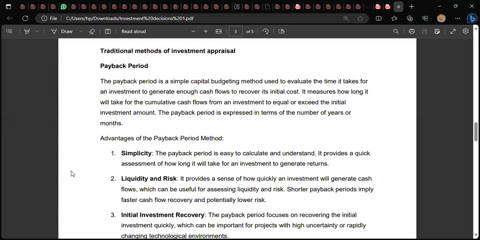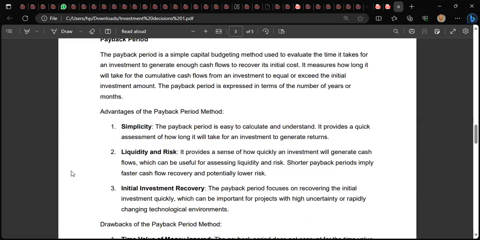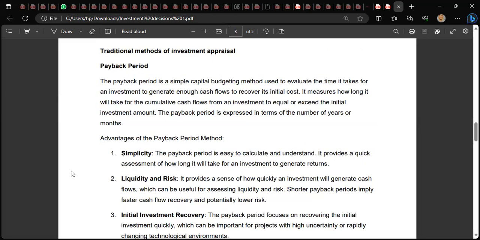Besides knowing how to calculate the payback period, you need to know the theory of the payback period, which includes the advantages and the disadvantages. Sometimes the question can ask you, to what extent can you rely on this method, or how appropriate is this method in evaluating a project?